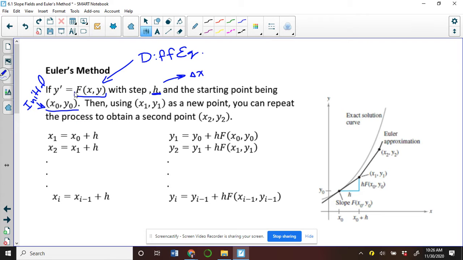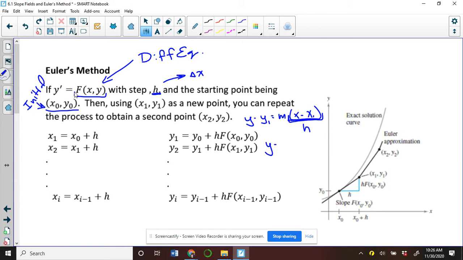So from your initial x, you'll just add your step to it, or your change in x, to find your next, etc. Y becomes a little more complex because you're going to take your initial y plus the step, so the change in x, times the slope, which if you look at this is really y minus y1 equals your slope times x minus x1, where this portion is h.